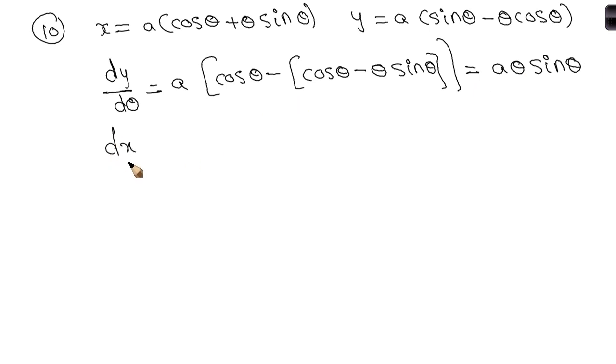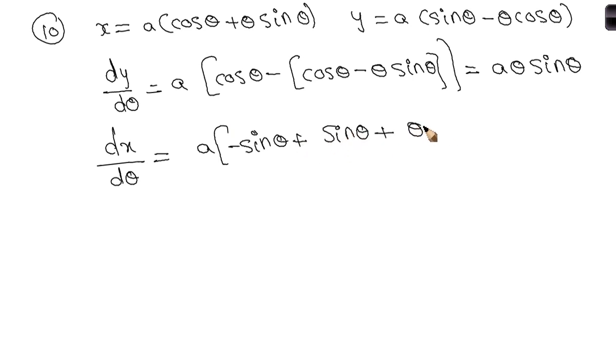Similarly, dx by d theta will give me a into minus sin theta plus sin theta derivative is sin theta plus theta cos theta, which you are very well aware, an easy rule. So which would give me a theta cos theta.